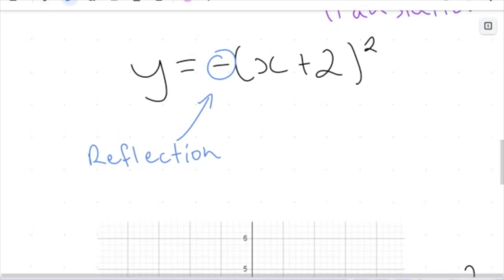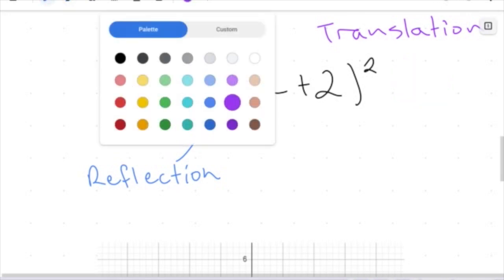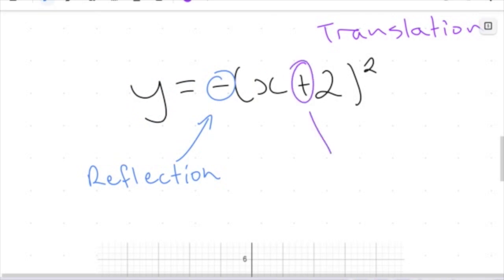And now I can see there's another constant, another number, but it is acting on the x. It is inside these brackets. It's not outside here like the previous example was. So this thing here implies a horizontal translation, a translation in the x direction.